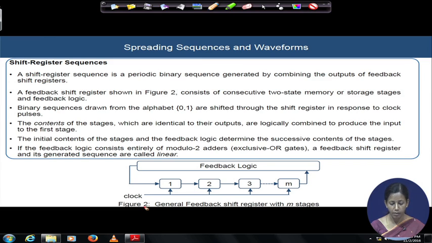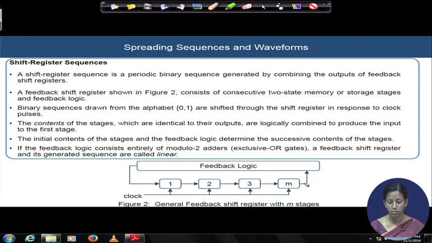We are showing here one general feedback shift register, where if you see the structure, there will be m number of stages of memories, which are two-state memories. Basically, if you are following the Galois field 2 logic, there will be two elements only, and the value will be either 0 or 1. So, all these memories can store either the value 0 or 1.